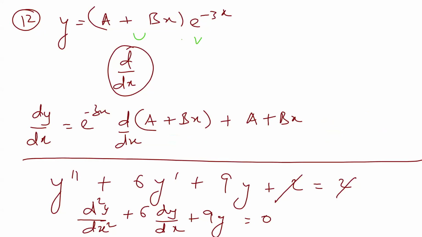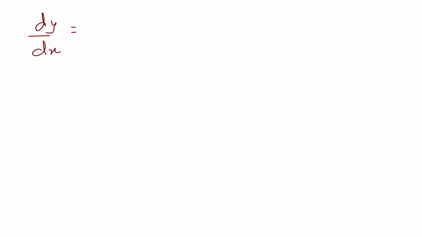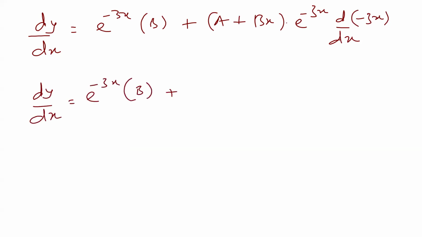Let me go back. e raised to minus 3x into b plus a plus bx into e raised to minus 3x d by dx of minus 3x. So dy by dx is equal to e raised to minus 3x into b plus a plus bx.